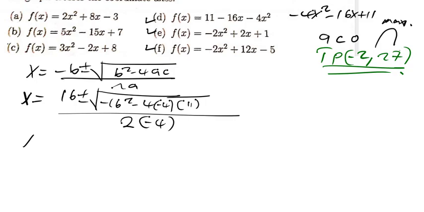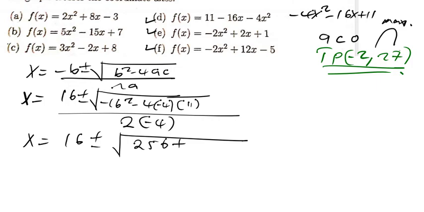So x will be equal to 16 plus or minus. If I do negative 16 squared, it's going to be positive. So 16 squared is 256. So that is going to be plus 4 times 4 is 16, 16 times 11. Okay. 16 times 11, that should be 176. I divide that by negative 8.